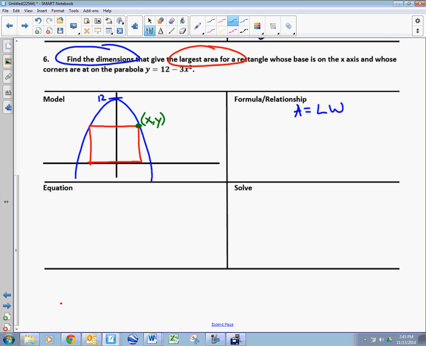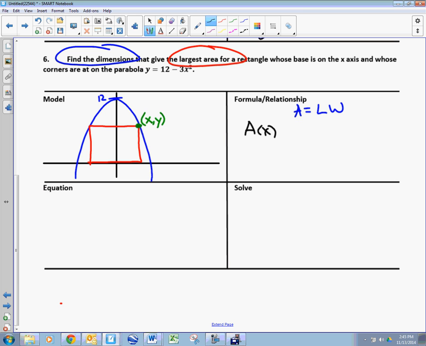Can somebody tell me what is the length of the base? 2x, very good. This distance right here is x units, and this distance is x units in the other direction. So therefore, 2x is your length.